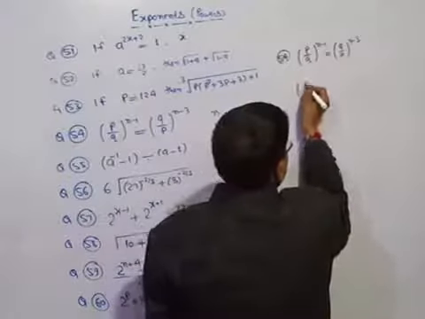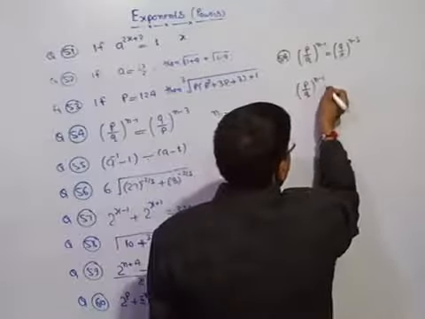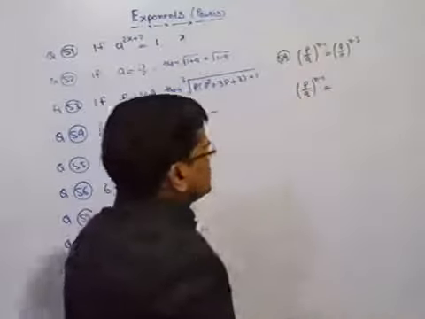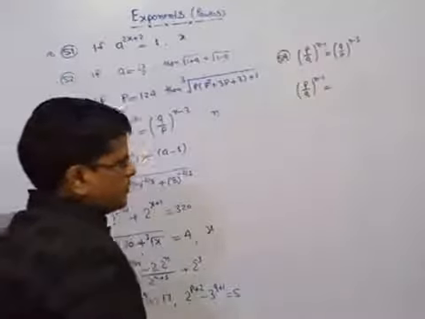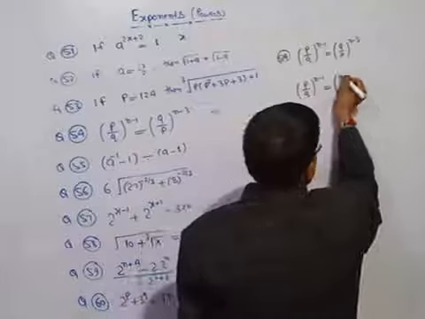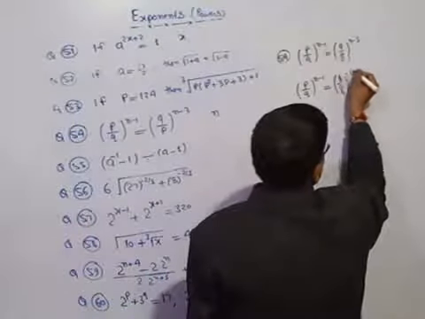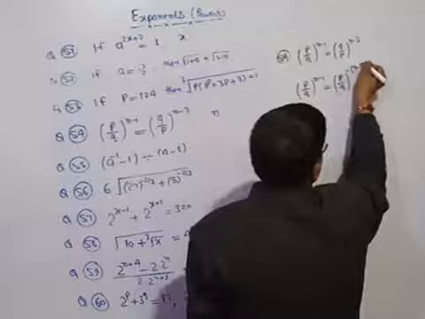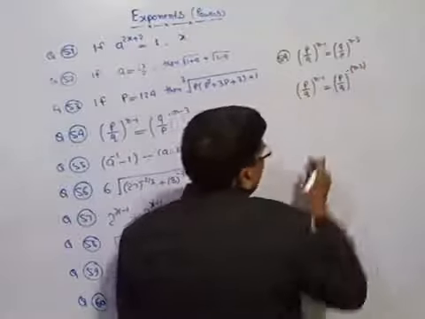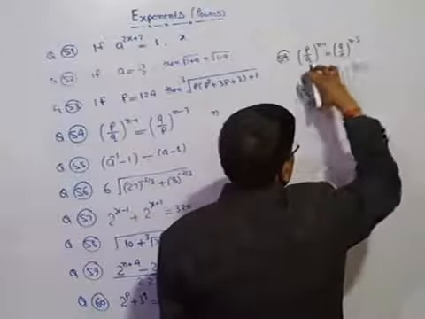(p upon q) to the power n minus 1. We change q upon p into the format of p upon q, then we can write a negative sign on the power. Compare the power, because the bases are equal.